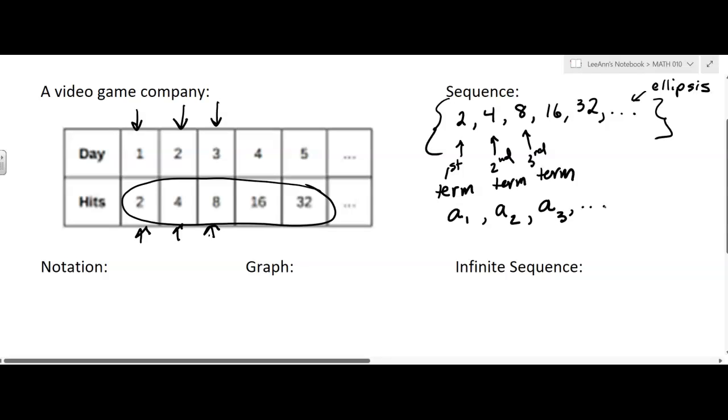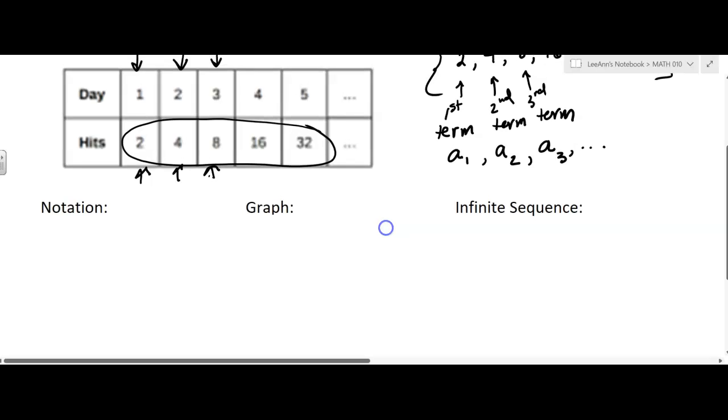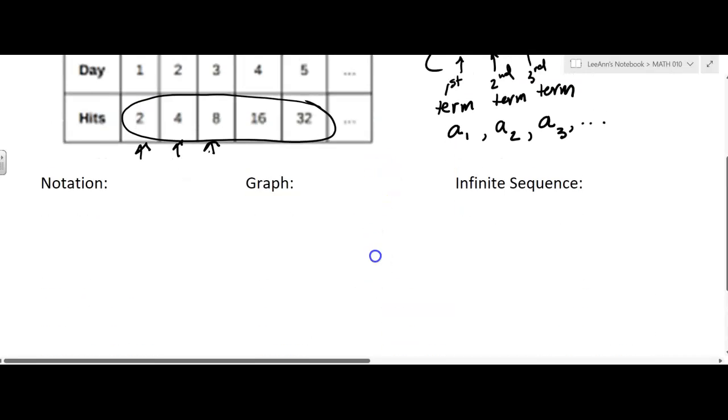Probably that's the way they would do that. You might have a reason to choose a different variable, but for our purposes, we're going to be using A a lot. So that's the notation. We're talking about terms, and they're separated by commas.